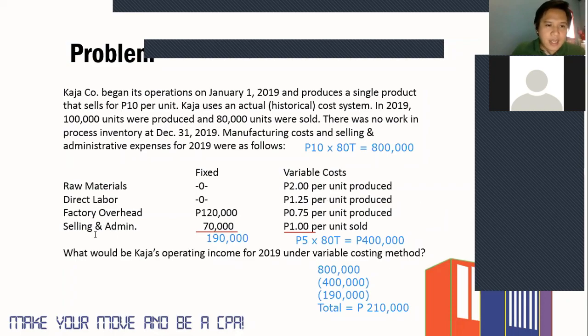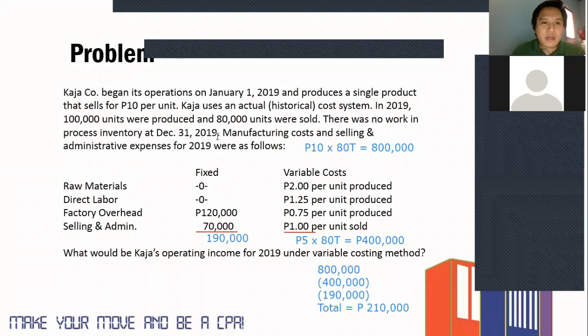Now, as I've told you before, we have new elements today. We have selling and administrative. No bearing on this variable cost. No bearing at all, regardless kung ano yung gagamitin mong method, whether absorption or variable.